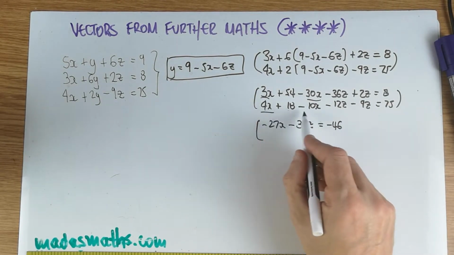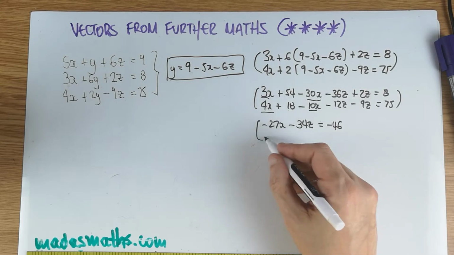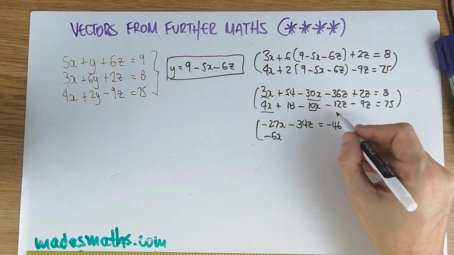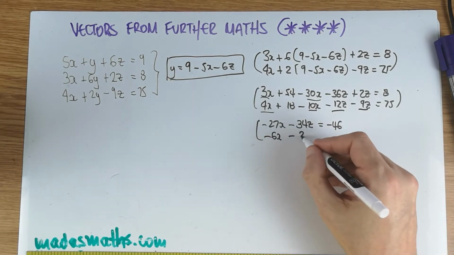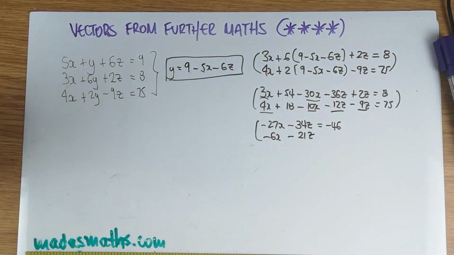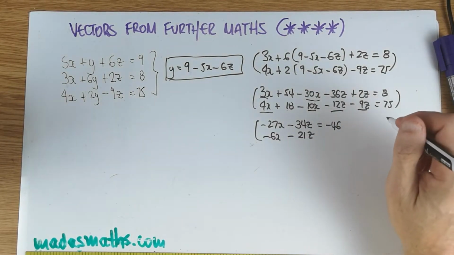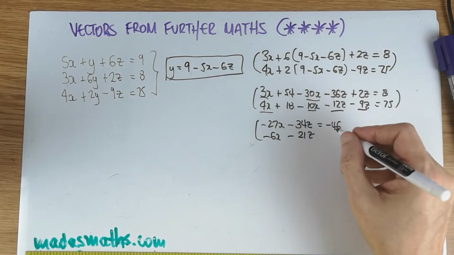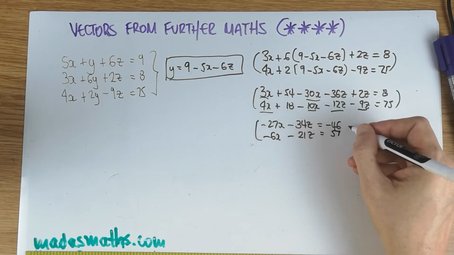The second is minus 6x. The z's are going to be minus 21z. I don't like these numbers at all. And 75, take away 18, is 57. Okay.